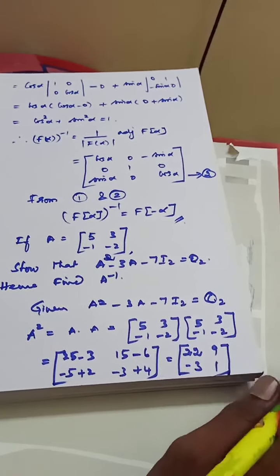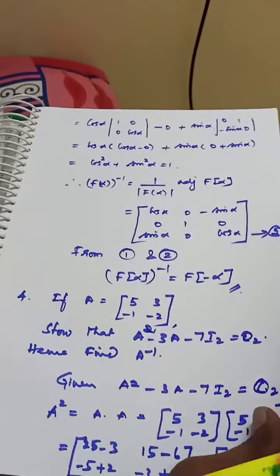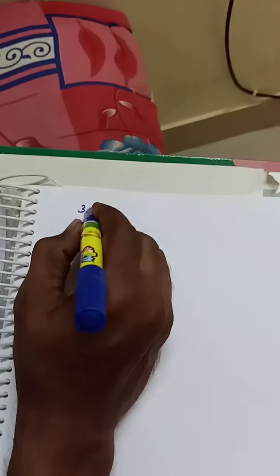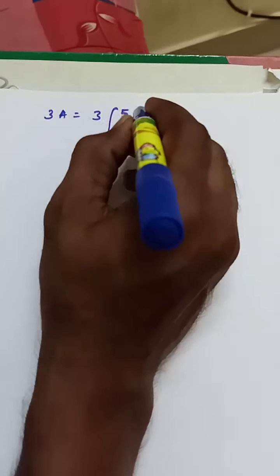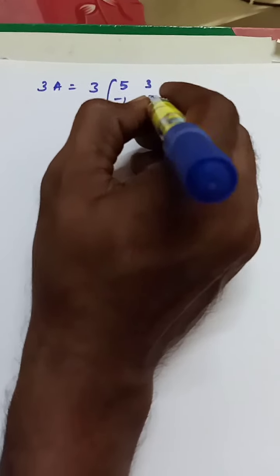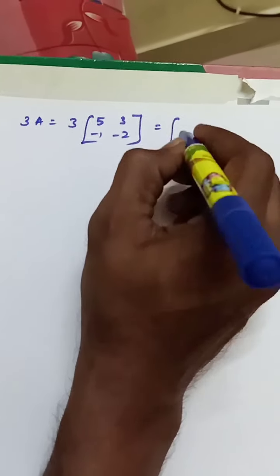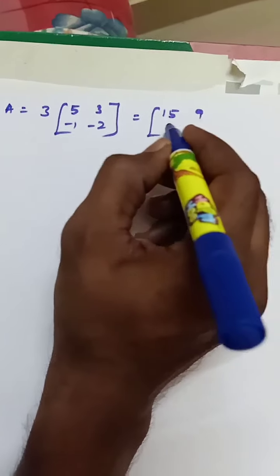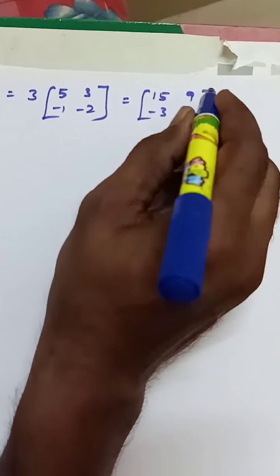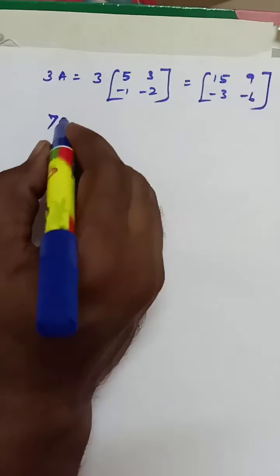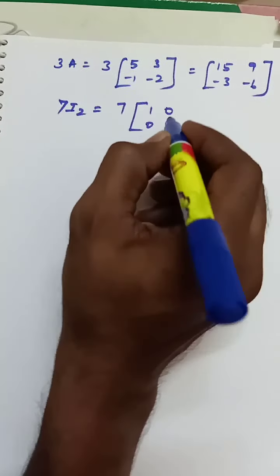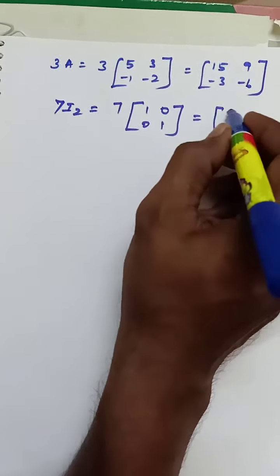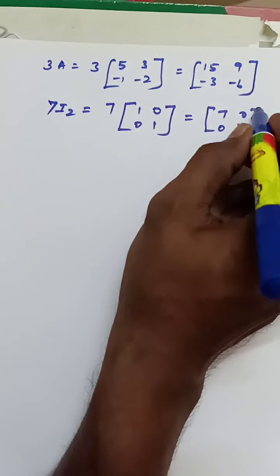So this is our A square, and 3A is 3 into your A value, 5 3 minus 1 minus 2, which is 15 9 minus 3 minus 6, and 7 times I2 is 7 into 1 0 0 1. It becomes 7 0 0 7.